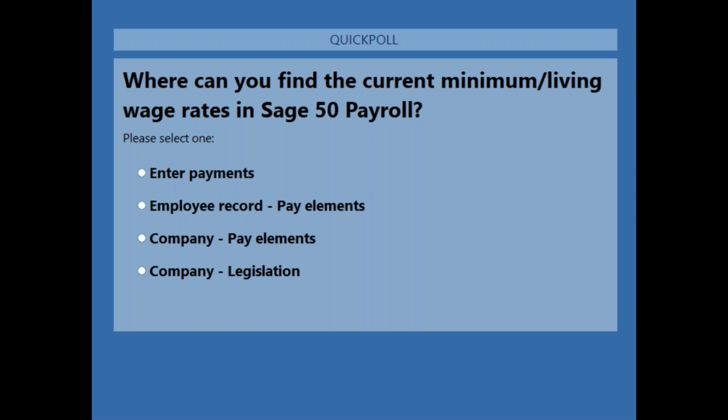Can they be found within the employee record in the pay elements section? Are minimum wage rates within company and pay elements? Or can you find those minimum wage rates within company and legislation? So loads of handy information available in this area, just to give you a clue.